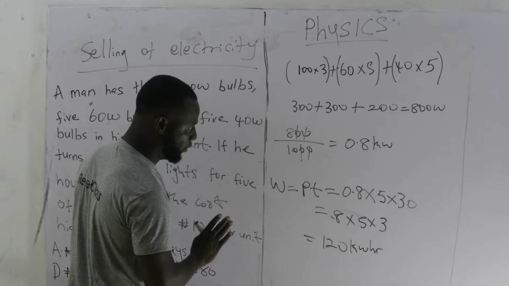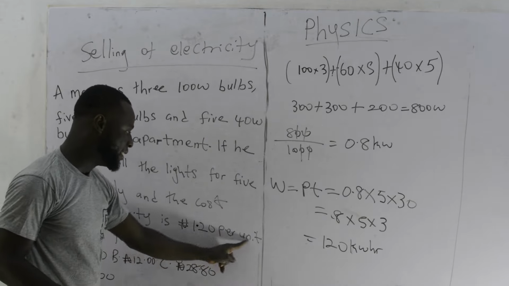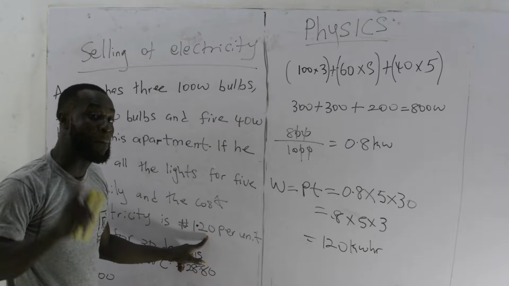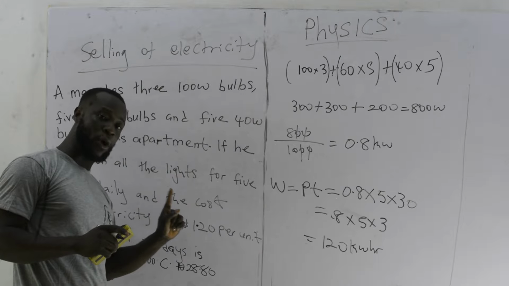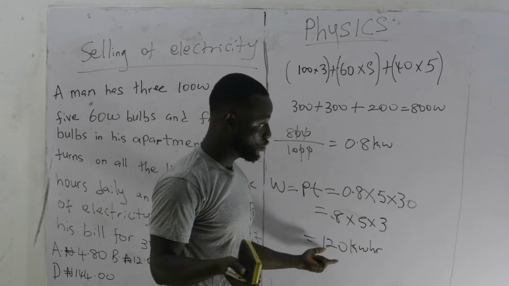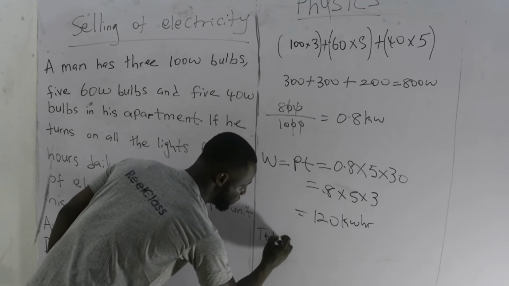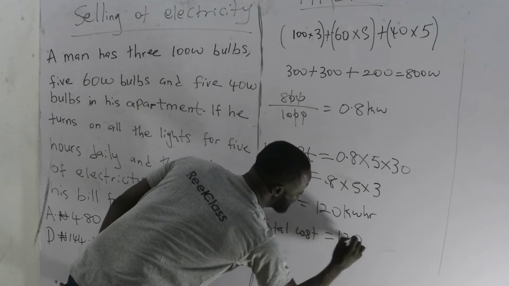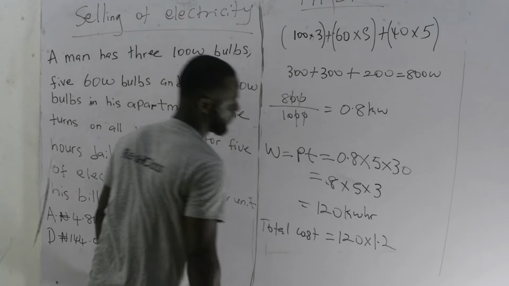Now that I've done this, remember they told us that per unit is 1.2 naira. That is 1.2 naira per kilowatt hour. So if 1 kilowatt hour costs 1.2 naira, how much will 120 kilowatt hour cost? So my total cost will simply be 120 kilowatt hour times 1.2.